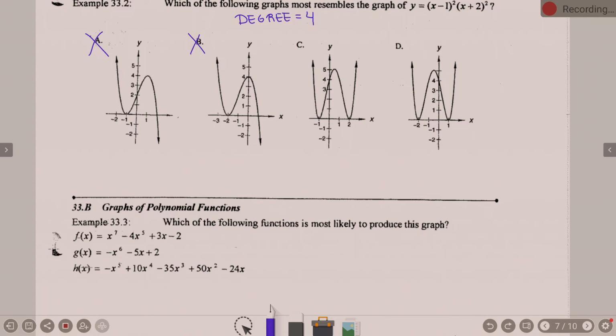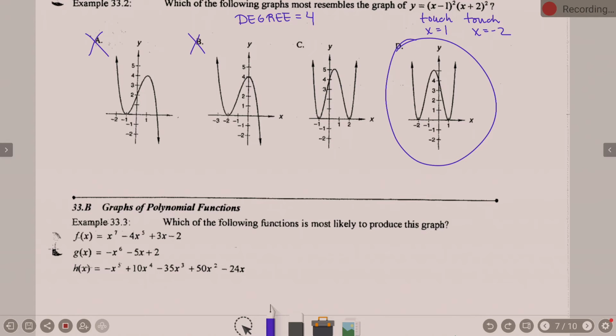And what do we know at C and D? We have to use zeros. x minus 1 squared tells me it's going to touch at x equals 1, and x plus 2 squared tells me it's going to touch at x equals negative 2. So at that point, it puts us at D. Honestly, you could have used the fact that it touches and doesn't cross. You never really had to find the degree 4.